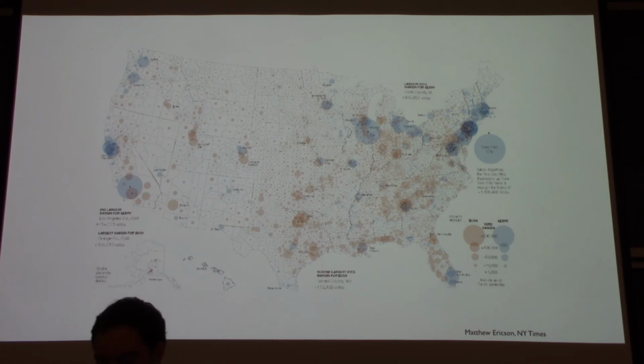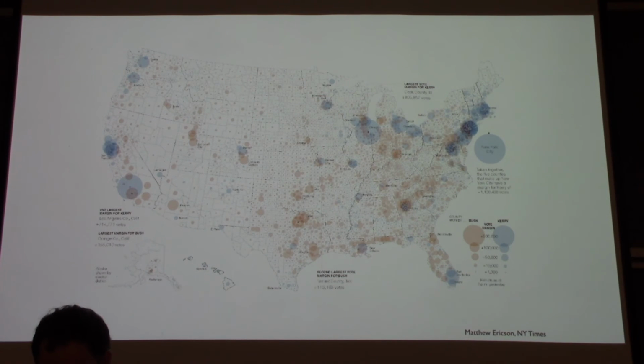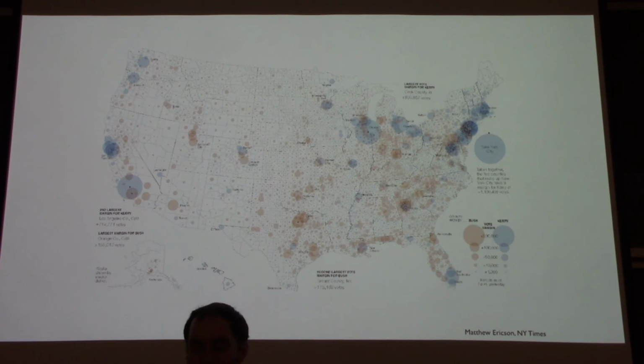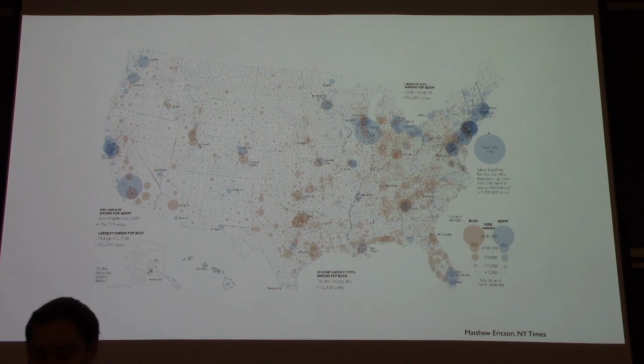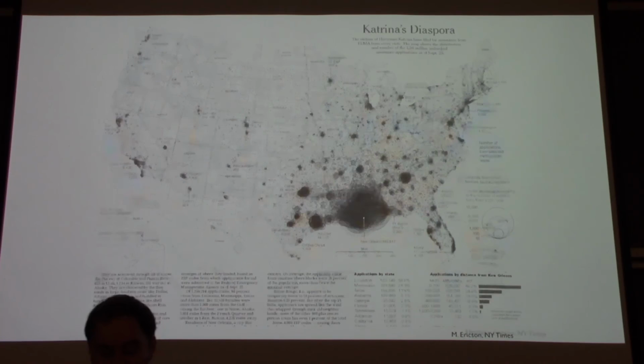So here again we have the Bush versus Kerry vote, and the vote margin is shown by the size in this case. And of course these bubbles will overplot. To counteract this, they use transparency. So you can see there are many circles on top of each other, and by increasing the transparency, it still gets a little bit tricky.